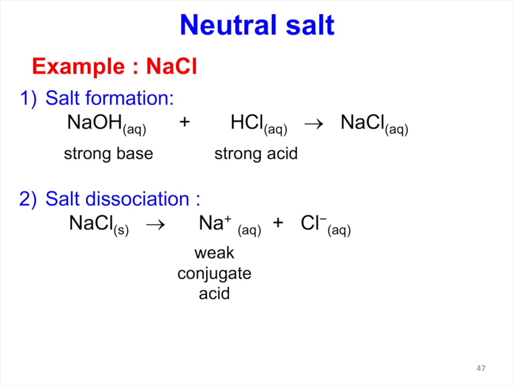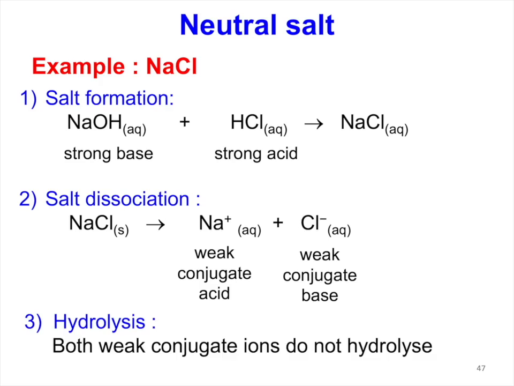Na+ here is a weak conjugate acid, and Cl- is a weak conjugate base. Na+ is a weak conjugate acid because it comes from the strong base NaOH.